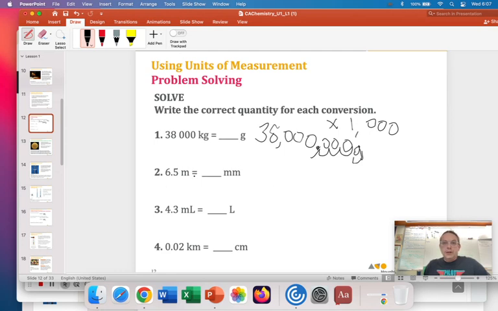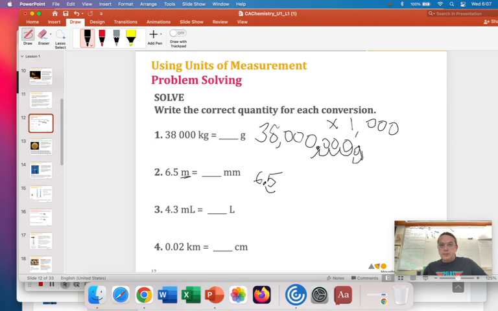And so now this is going from meters, which is like 3 feet, to millimeters, which is that smallest little line on the ruler. So a meter is how many thousands of millimeters. We would want to go from a larger unit to a smaller unit. So I would think 6.5 is how many thousands of millimeters.